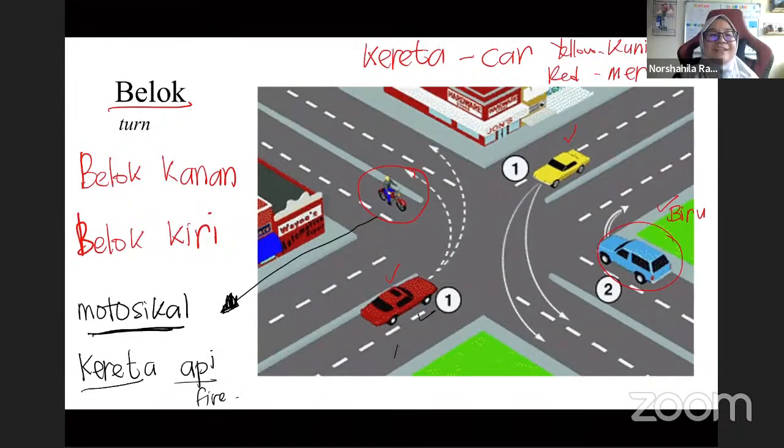Why do we still call a train a kereta api? Because this is the translation that we have in Bahasa Melayu and we want to maintain the translation. We call it kereta api because in the old days the train was started by a fire. They were using fire to make sure the train could move. So that's why we call it kereta api.